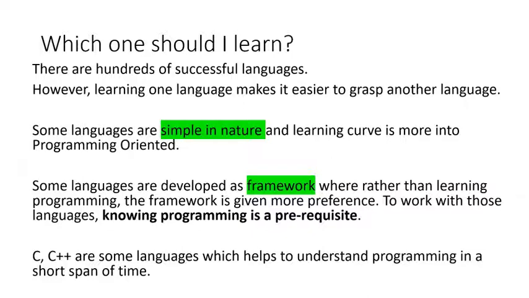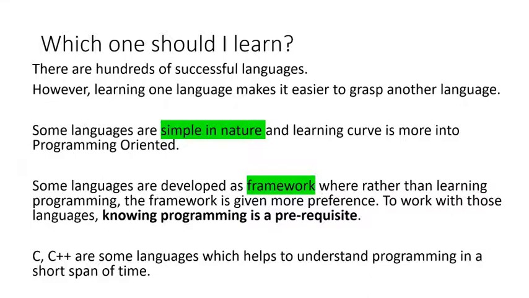First you should know how to add the 10 numbers. Once you learn, then we can go for pre-developed things. Those fifth generation languages are based on frameworks, and learning them will be more time consuming if you are not an experienced programmer. So if you're a beginner, you should always go for simple languages, which are C and C++.